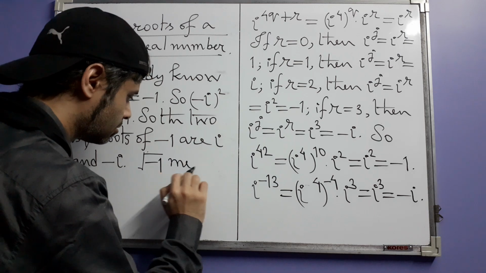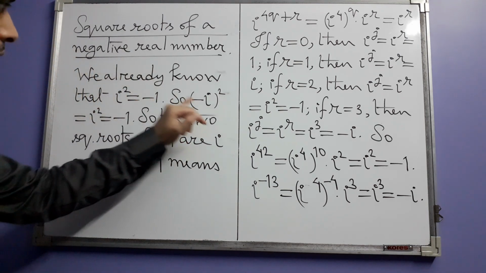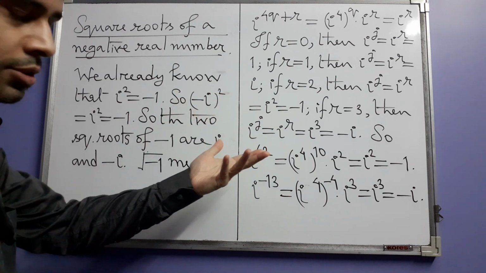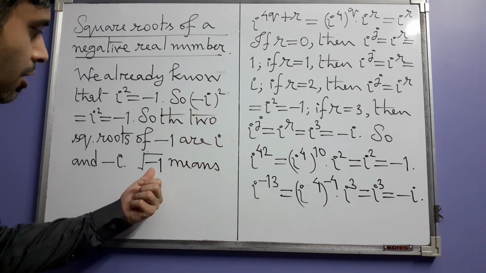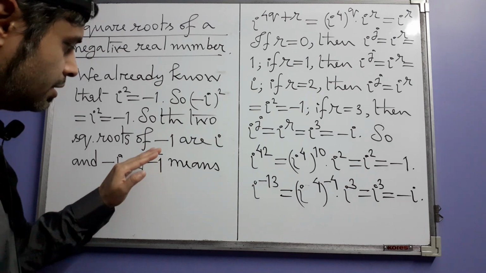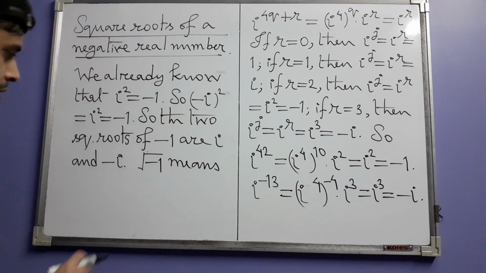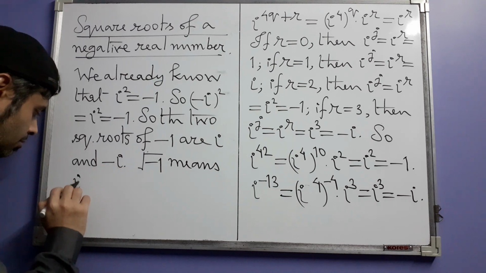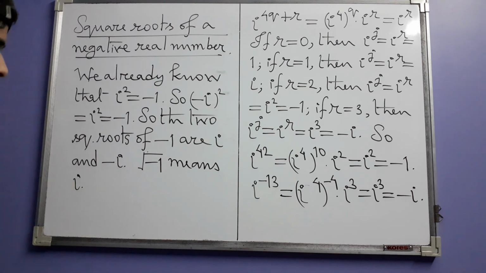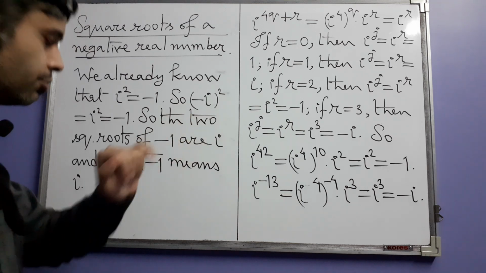You see, by definition, since i and minus i are both square roots of minus 1, this symbol can mean any one of them. However, we have to be definite about what this means, otherwise it will be confusing. So this means i for us. If we want to mean minus i, we will write minus root minus 1.